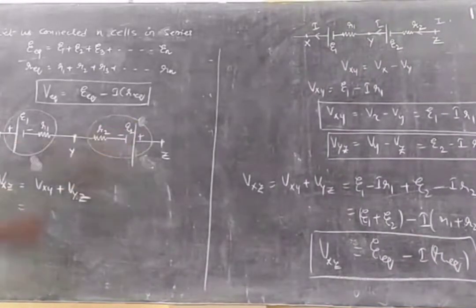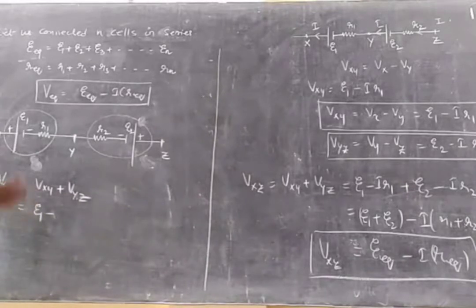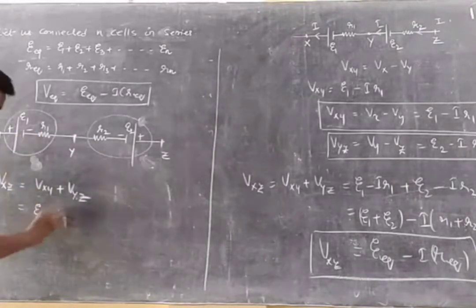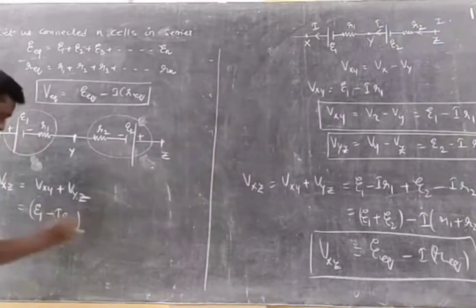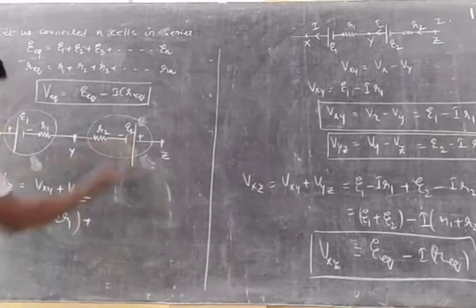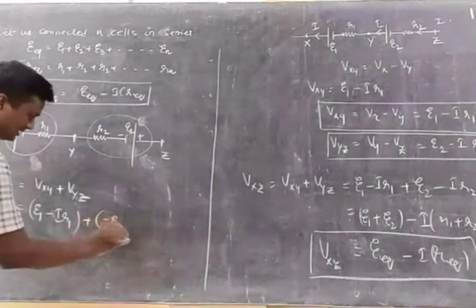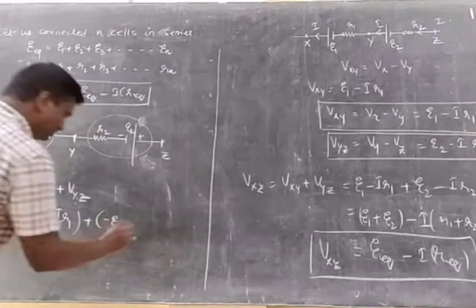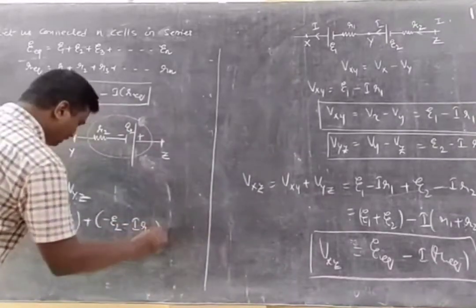From this formula, it is E1 minus I into R1, plus, here the polarity has been changed, minus E2 minus I into R2.